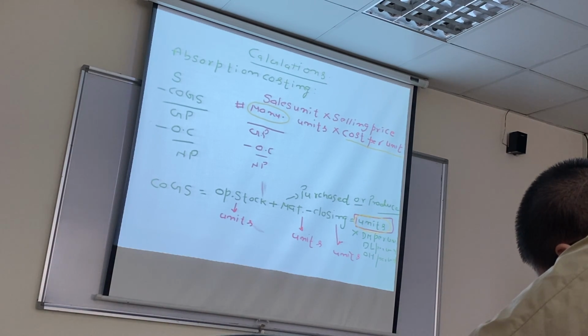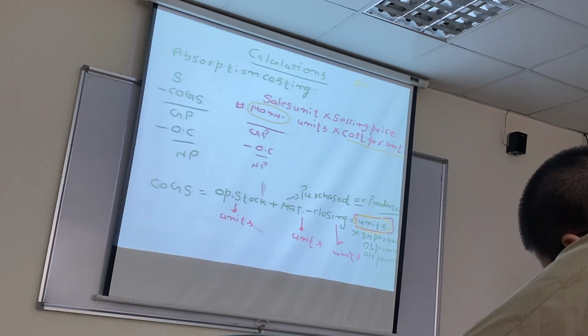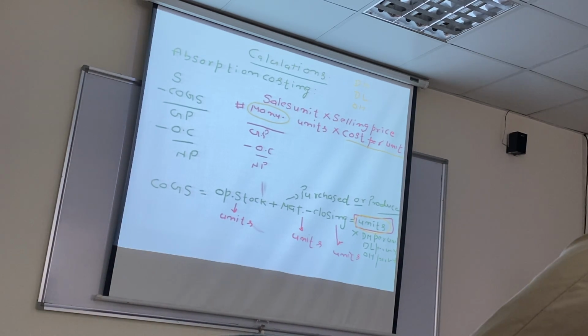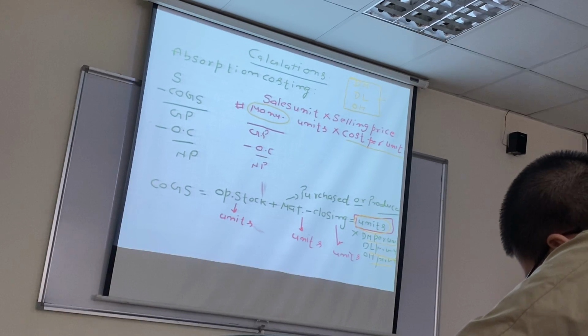So cost per unit means this is manufacturing cost. Manufacturing cost means direct material cost per unit, direct labor cost per unit, overhead cost per unit. Right. So you got, this is cost per unit.